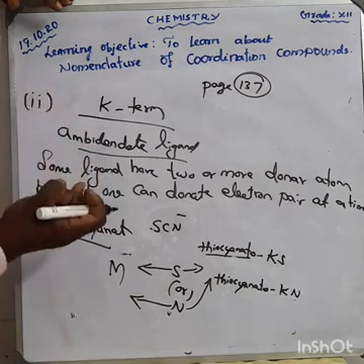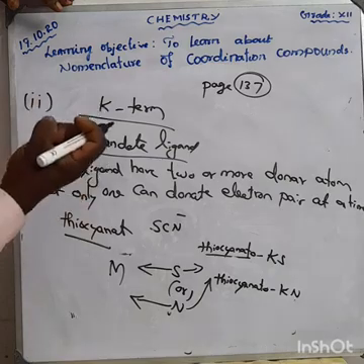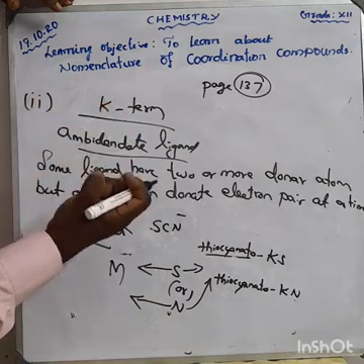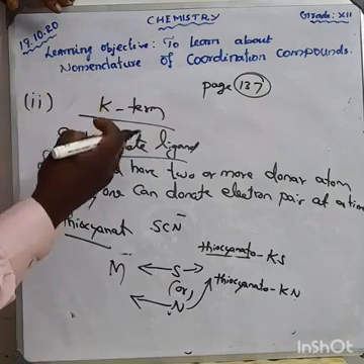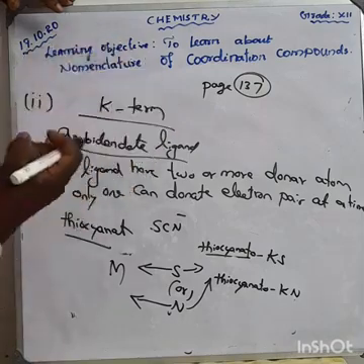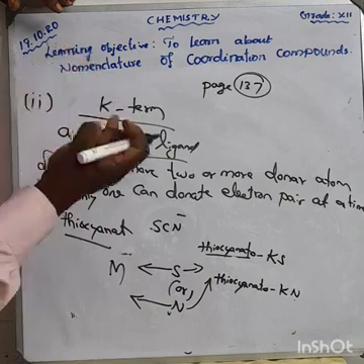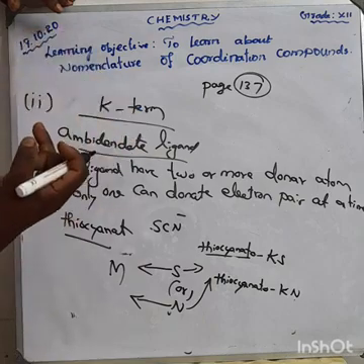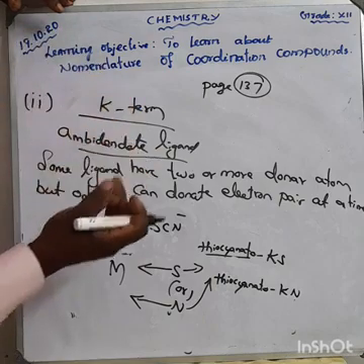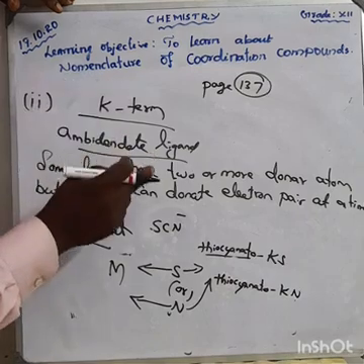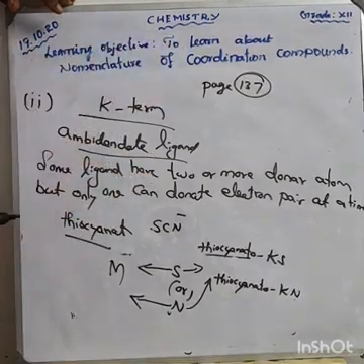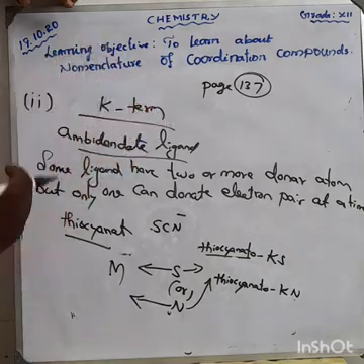For example, bromide is Br minus, and we give the name bromido. Chlorine, that is Cl minus, chlorido. Fluoride is F minus, fluorido. Cl minus is also an ambidentate ligand, am I right? Cyanido also. Sometimes OH minus, hydroxido.